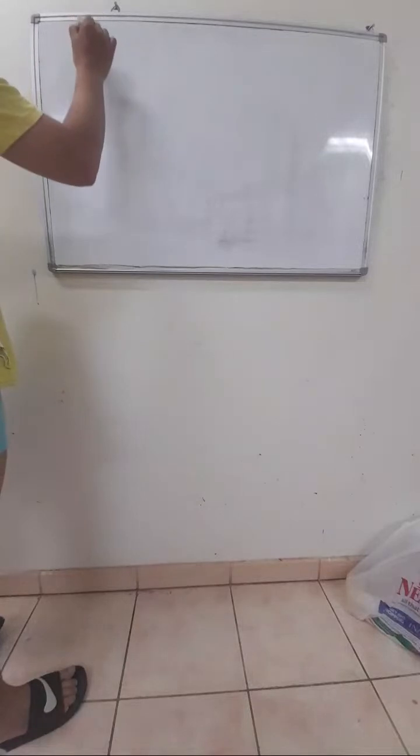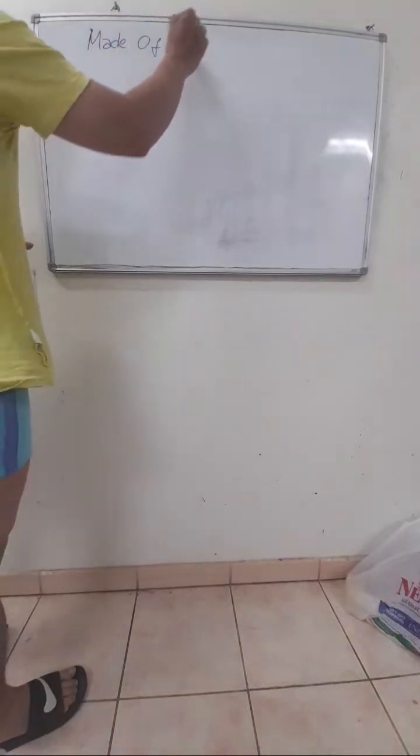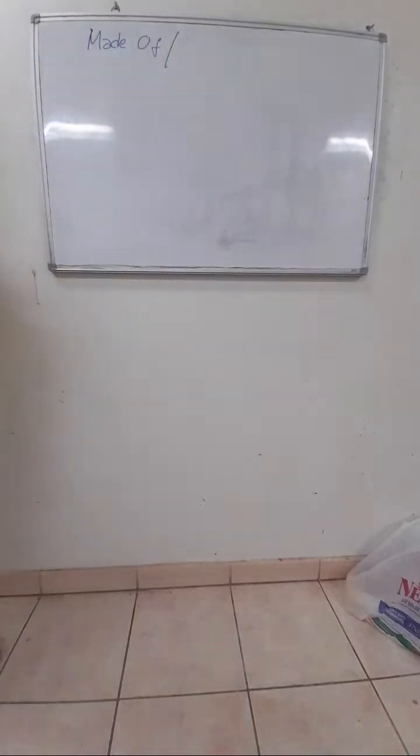So we need to differentiate between made of and made from. What's the difference? For example, this door must be free of cables. Will you use of or from? Because we often mix up how to use of and from.